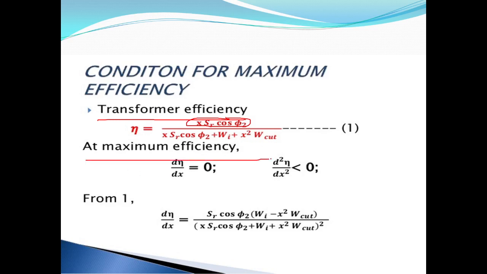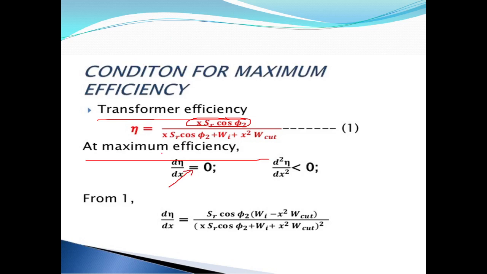In order to find the maximum efficiency, we differentiate the efficiency equation with respect to x. Why x? Actually, we are changing the fraction of the load, the percentage of the load, from full load to minimum load, that is half load or 3/4 of the load. At any percent of the load, we can determine the efficiency. So the variable parameter is x.